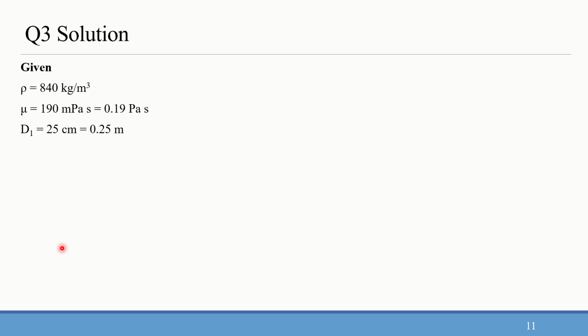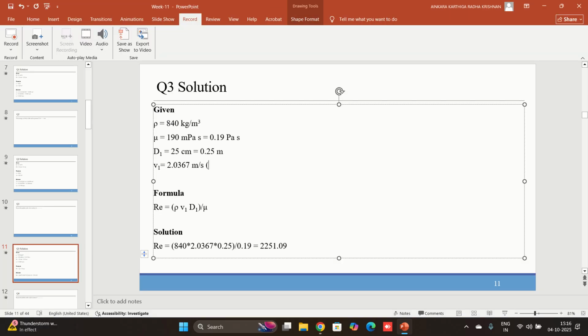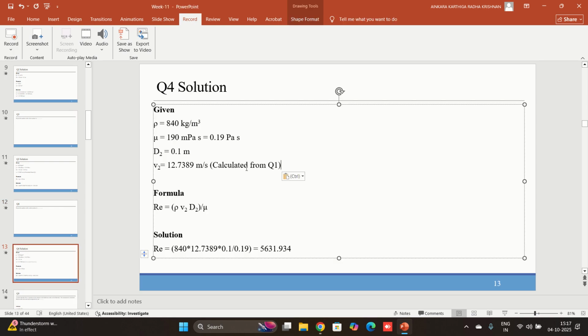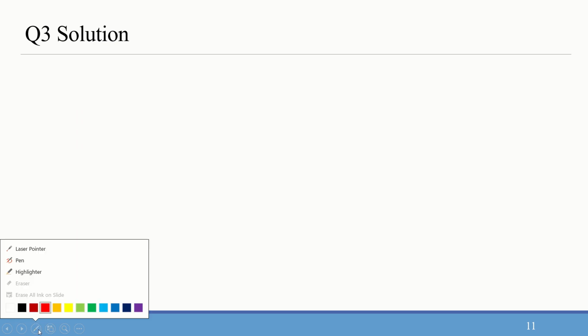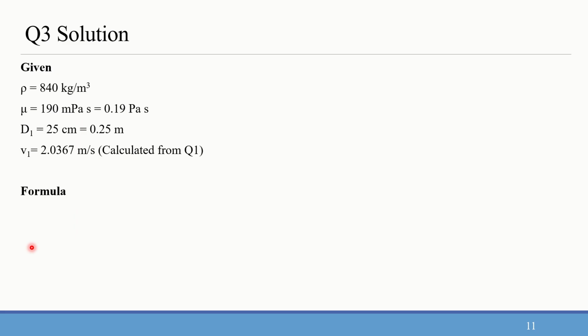So we know rho v d by mu, and v we calculated in the previous question. It is not given, but it is calculated from Q1. So now we know everything required to calculate the Reynolds number.